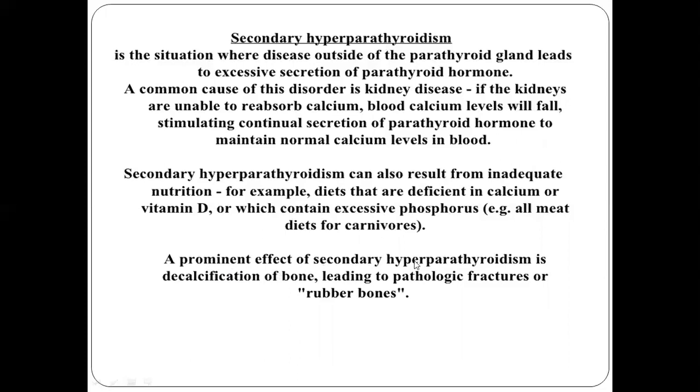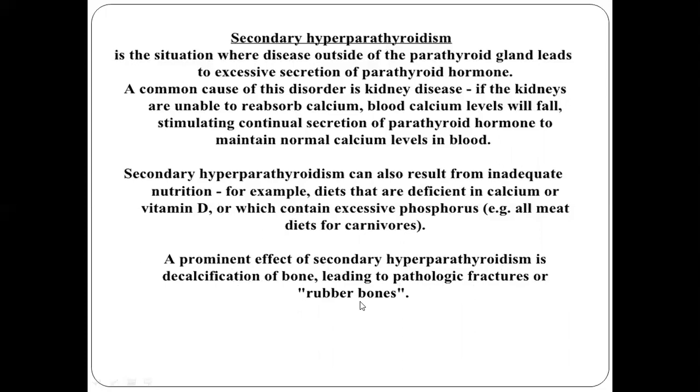A prominent effect of secondary parathyroidism is decalcification of bone. Whatever the cause is, whether primary or secondary parathyroidism, decalcification of the bones will occur. Bones are directly affected by the increased levels of parathyroid hormone, leading to pathological fractures or rubber bones.